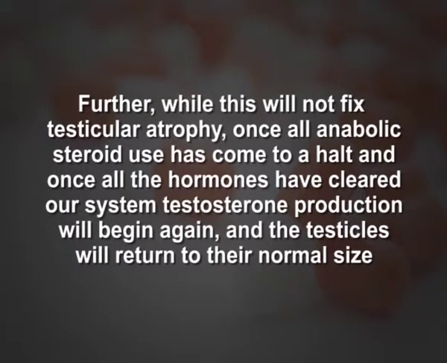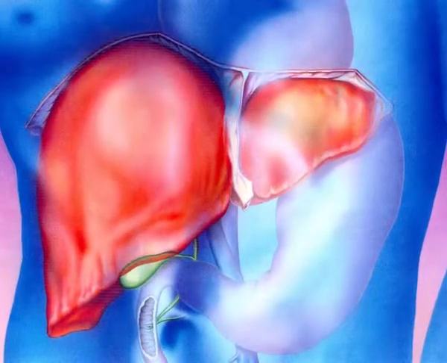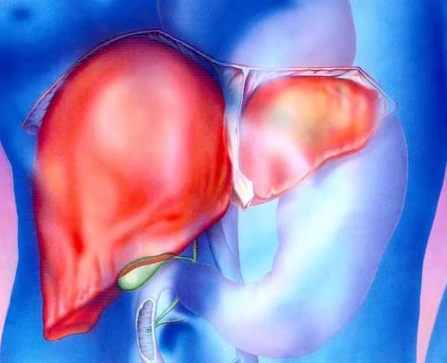Further, while this will not fix the testicular atrophy, once all anabolic steroid use has come to a halt, and once all the hormones have cleared our system, testosterone production will begin again and the testicles will return to normal size.